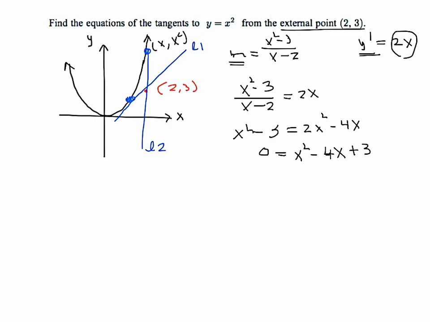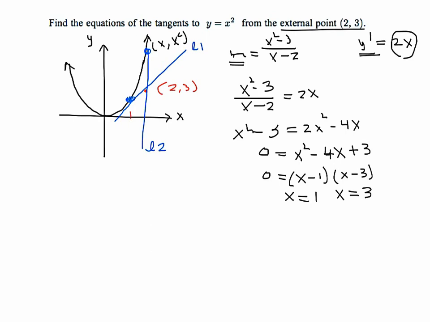Factoring it out, we have (x minus 1)(x minus 3) is equal to 0. So at x equals 1 and at x equals 3, that's where the intersections in blue will happen.